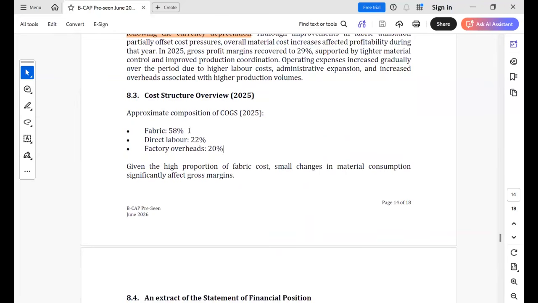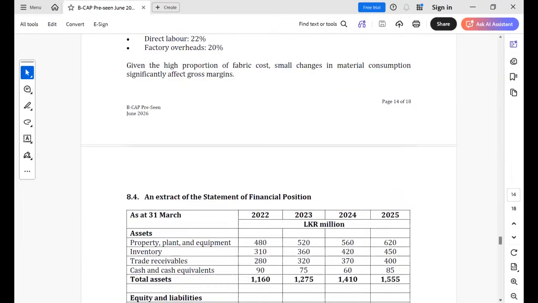So always focus on fabric and direct labor. That already counts for 80%. Given the high proportion of fabric cost, small changes in material consumption significantly affect the gross margin, because fabric alone represents more than 50%.